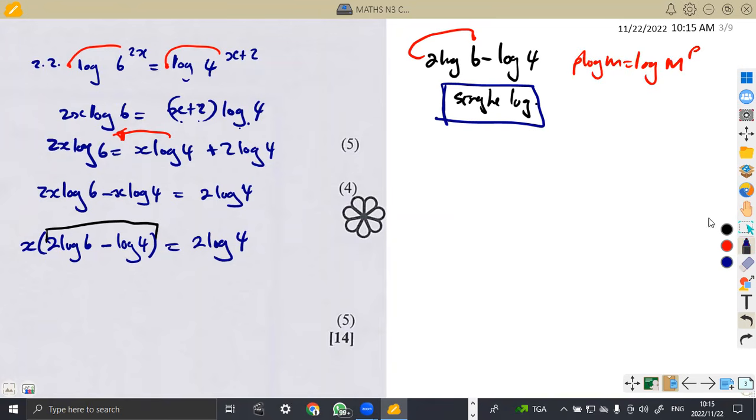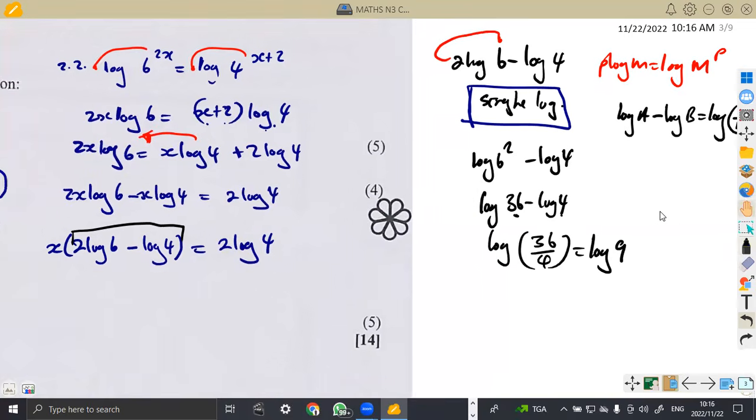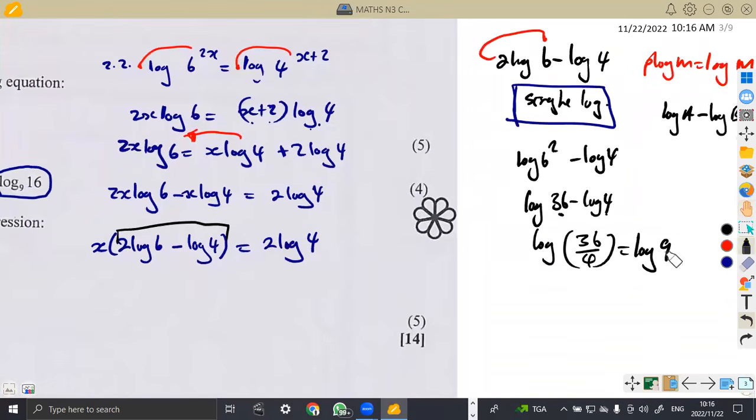So that means this is going to give us log 6 squared minus log 4. 6 squared, that is 36. So we've got log 36 minus log of 4, of which we know that the logarithm of a minus the logarithm of b is the same as the logarithm of a over b. So if we are subtracting logarithms, the bases are the same, we can divide the numbers. That's 36 divided by 4, which is going to give us log 9. So this whole part is going to give us log 9.